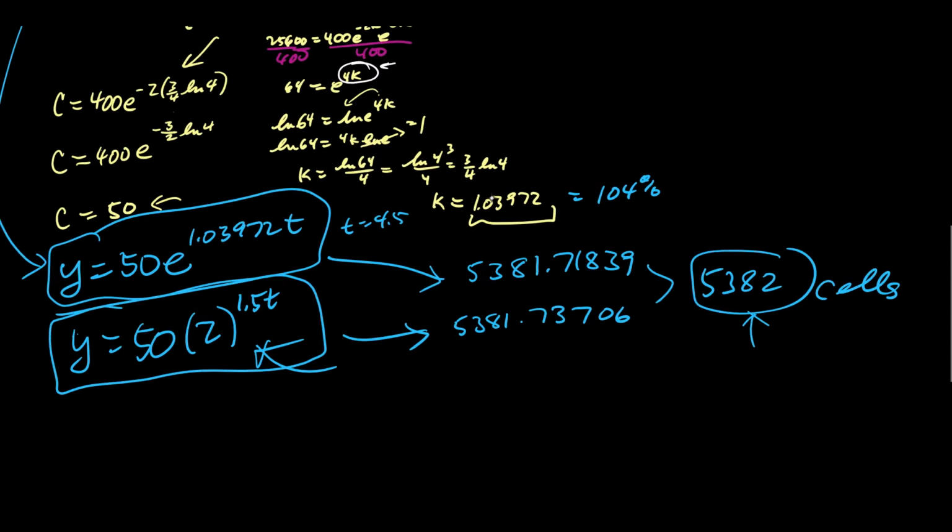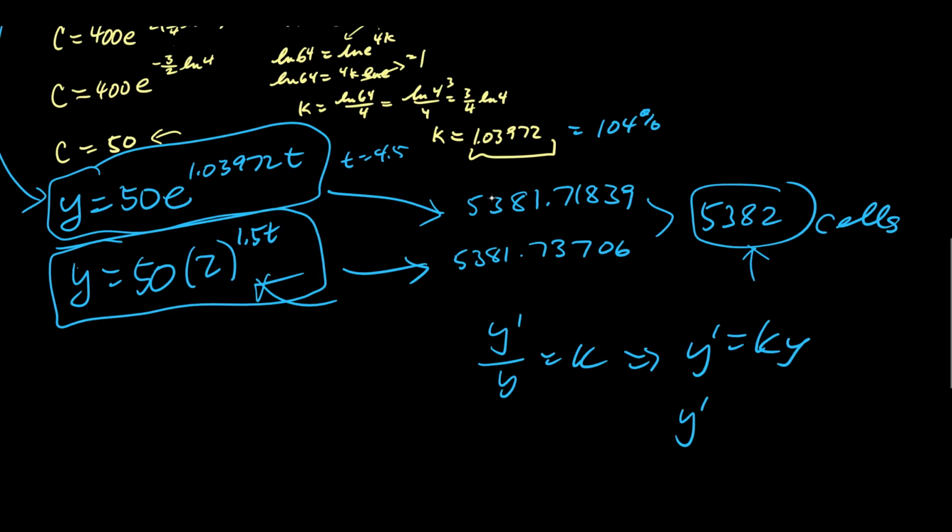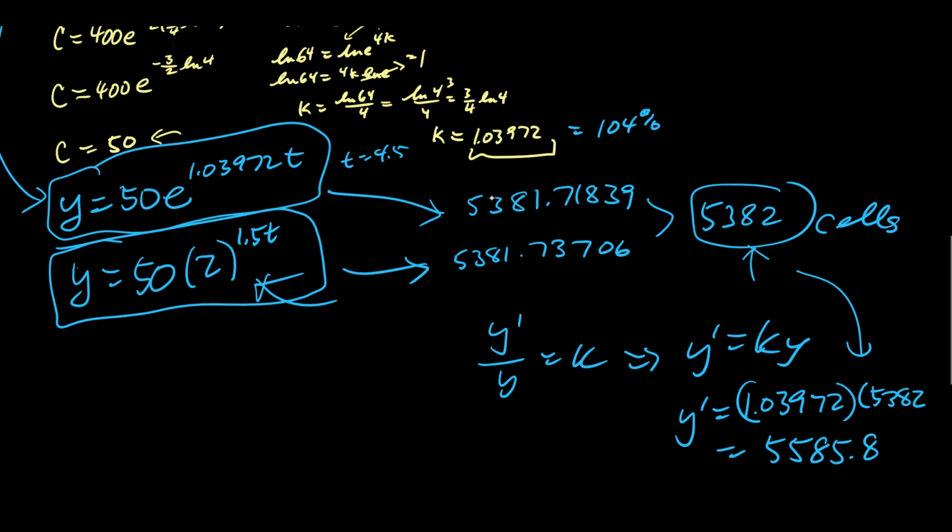So y prime over y was k, and so y prime is k times y. We'll plug in k was 1.03972 times the 5382, and we get 5585.8. So 5586 cells per hour.